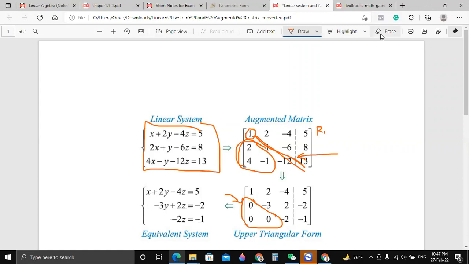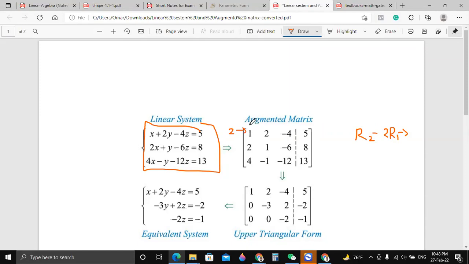So now we have to think what is the way, okay? If I multiply 2 with the first row, that means 2 into R1, and then subtract this 2 into R1 from the second row, that means R2 minus 2 into R1, we can get something like this.